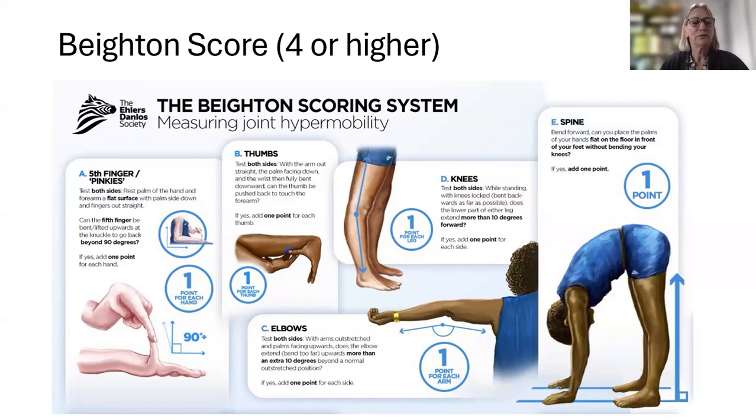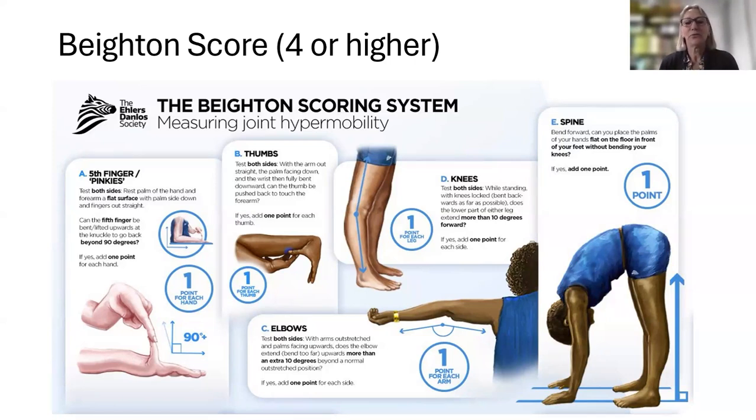So there's 1 point for each hand. The second is the thumbs. So 1 point for each hand, with the arm out flat, palm facing down. Can the thumb be pulled back to the forearm? And that's 1 for each side.